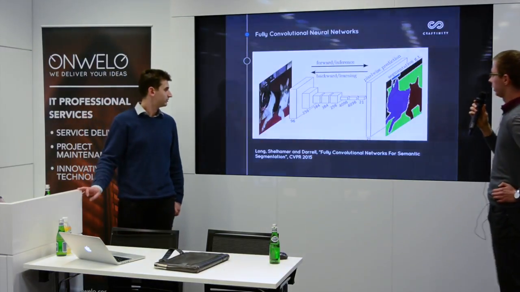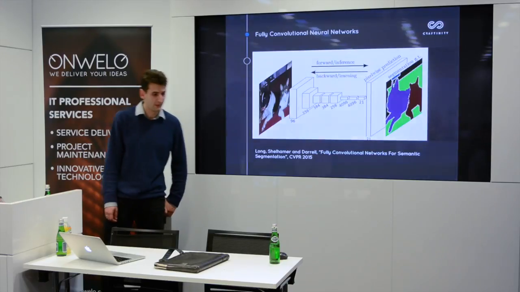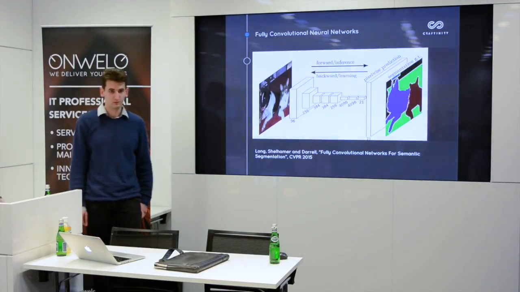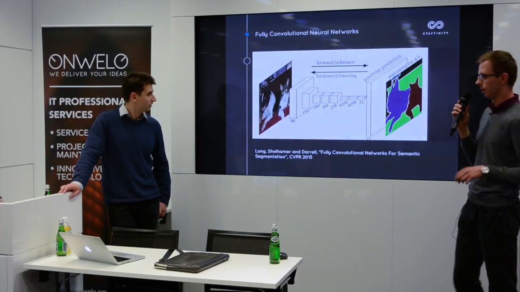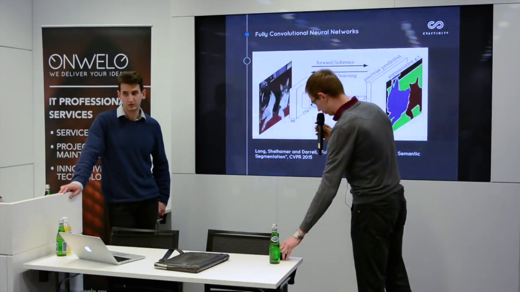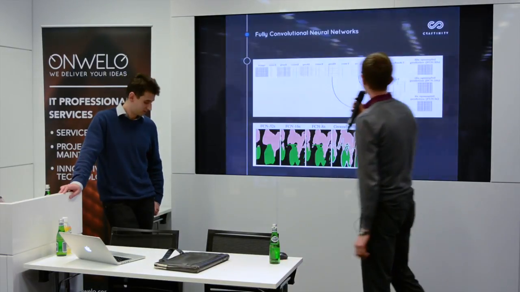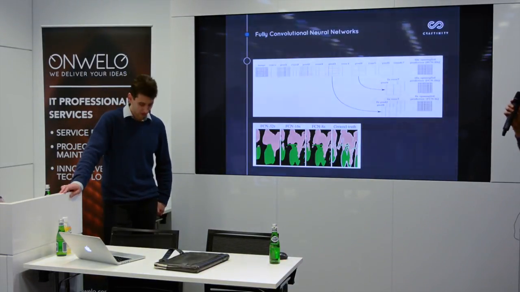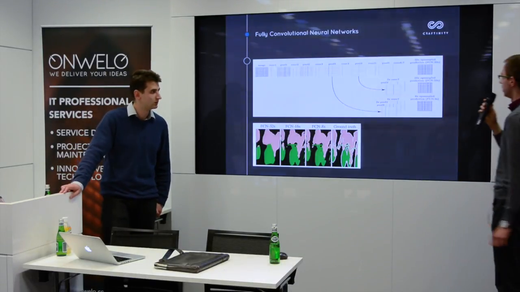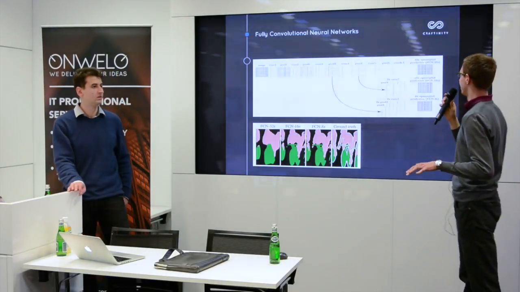So the architecture is basically some convolutional neural net, probably it was AlexNet here. And after the last layer, we do upsampling with a deconvolution operation. And we'll talk about it in a minute. So let's, for a second, just assume that everybody knows how deconvolution works.